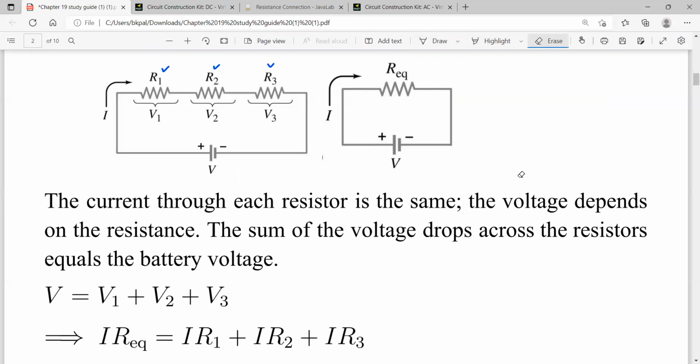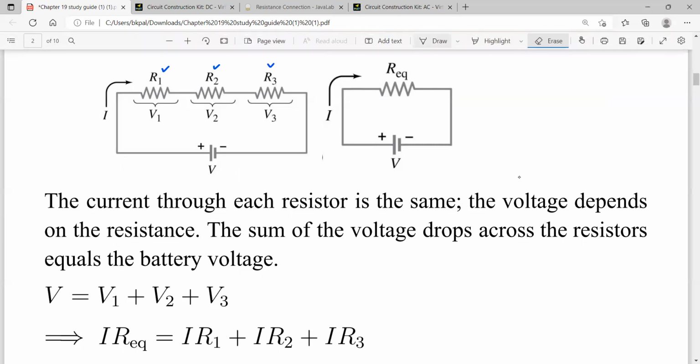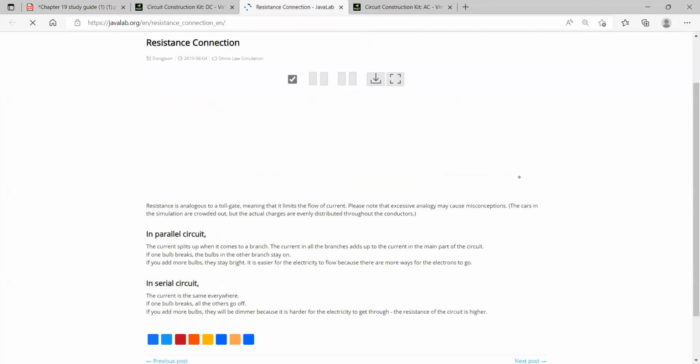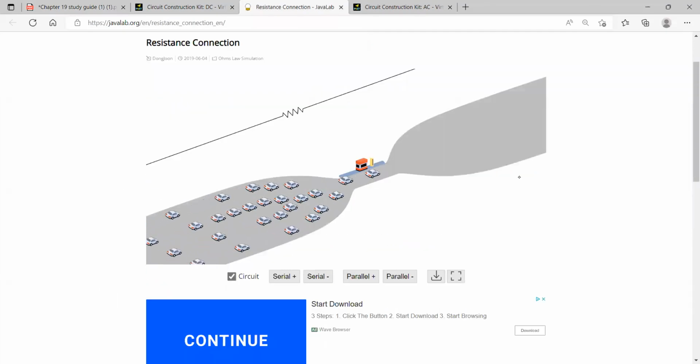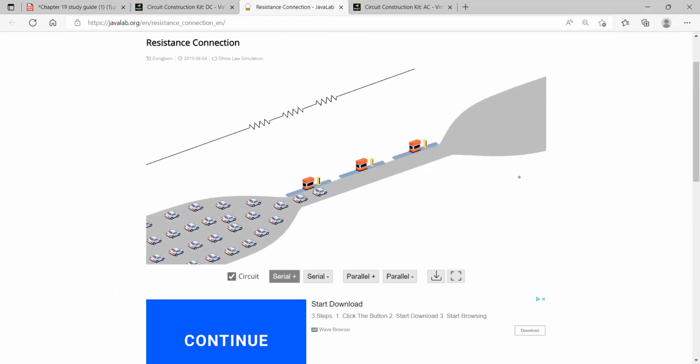Now as you know, the direction of the current is this. So you see that the same current goes through all the resistances. It's very similar to this analogy. Let's say we have 3 toll booths.